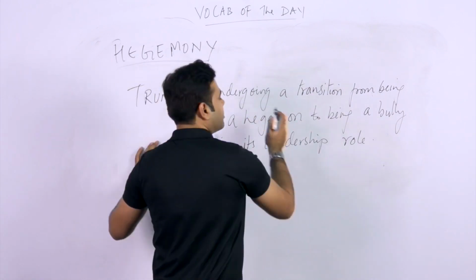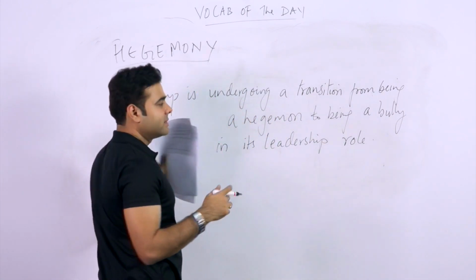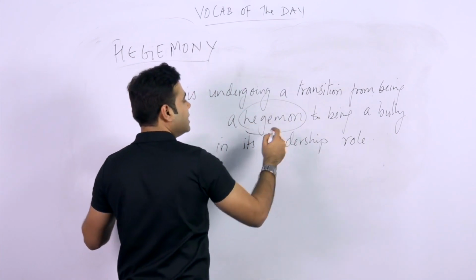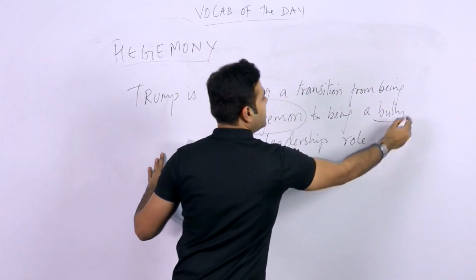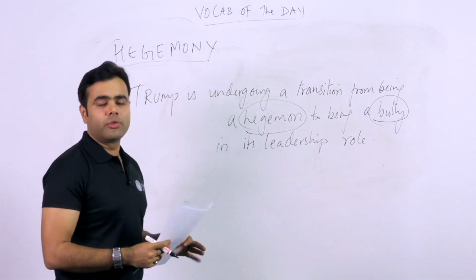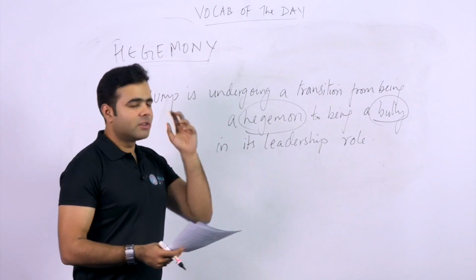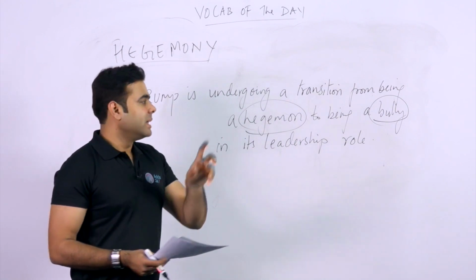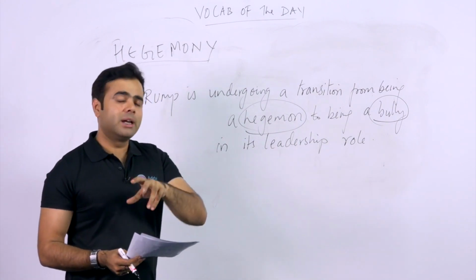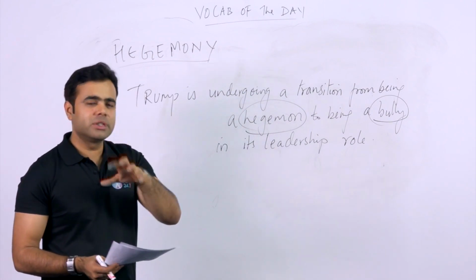Why? If a person is changing from hegemony, that is hegemon, to bully. Bully is obviously a kind of negative action which a person does. If someone does bullying to others, it means that person is pulling the legs. Exactly, in simple words, you can say pulling legs.